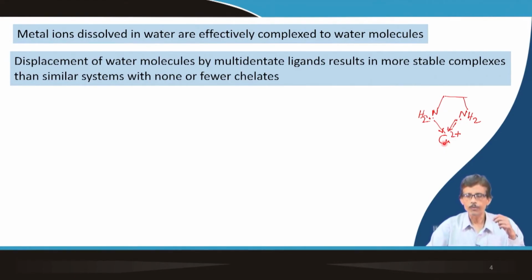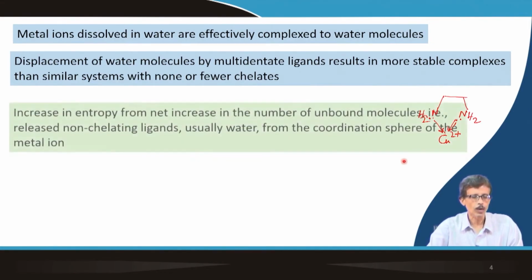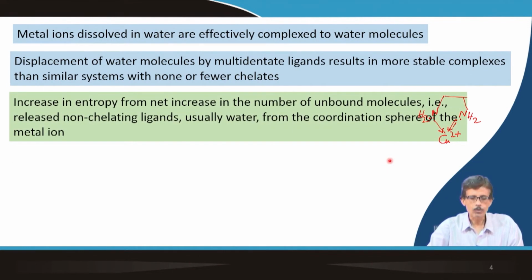So, if you have water around copper, that will be displaced by ammonia. Then if you add ethylene diamine, abbreviated as en, ethylene diamine can also displace the ammonia already bound to this particular copper center. So, there will be an increase in entropy from the net increase in the number of unbound molecules.